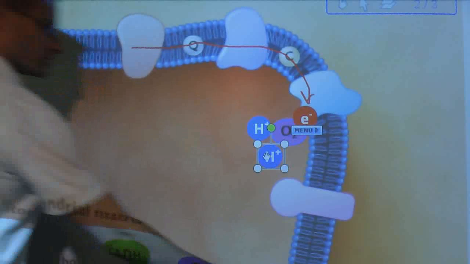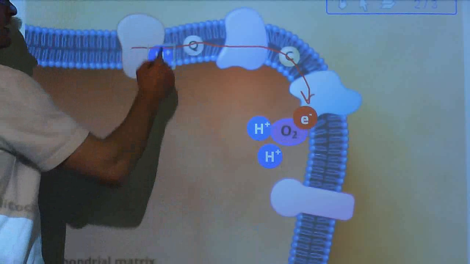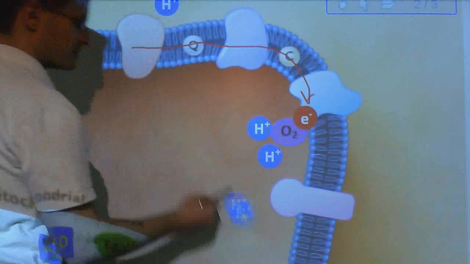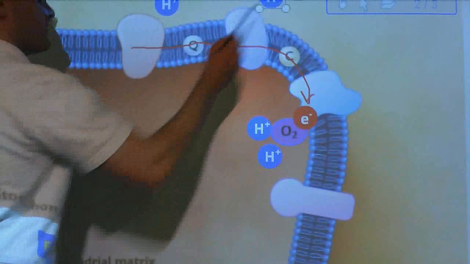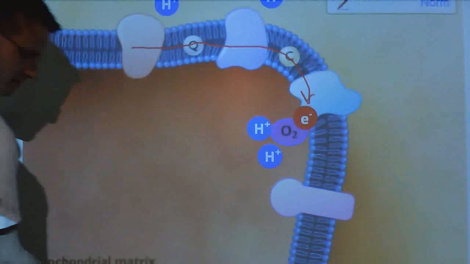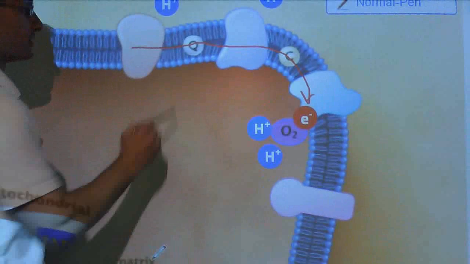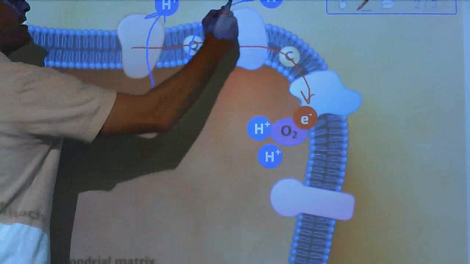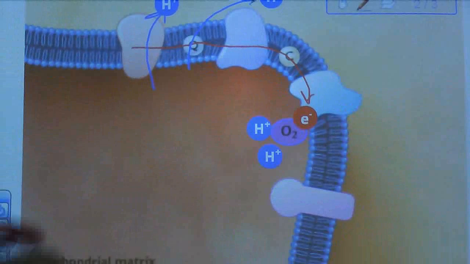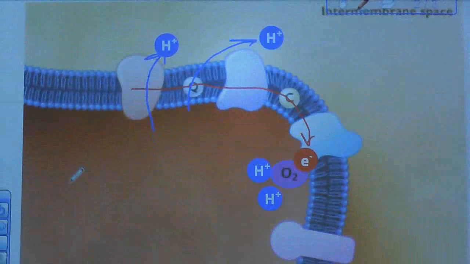You can also show how the hydrogens are being pumped into the inner membrane space. I'm just color coding to hopefully make it a little bit easier. Hydrogens are being pumped into the inner membrane space.